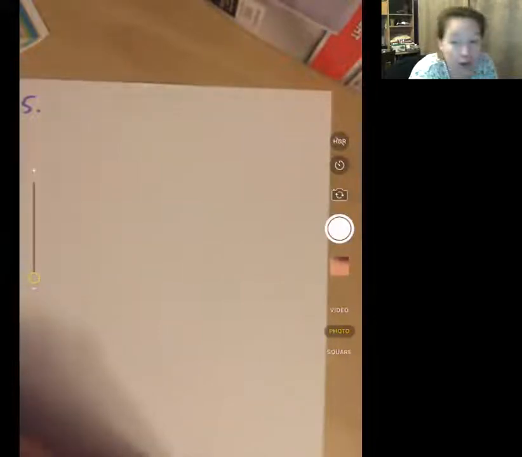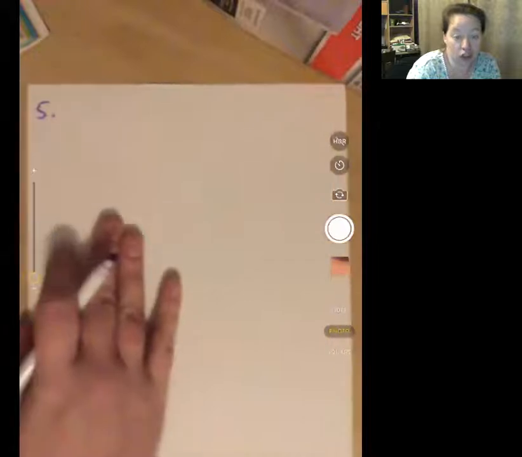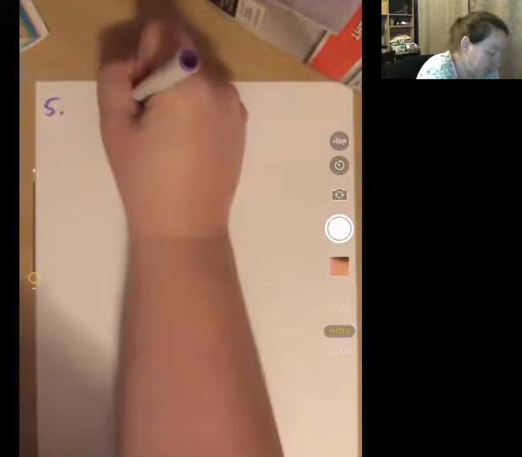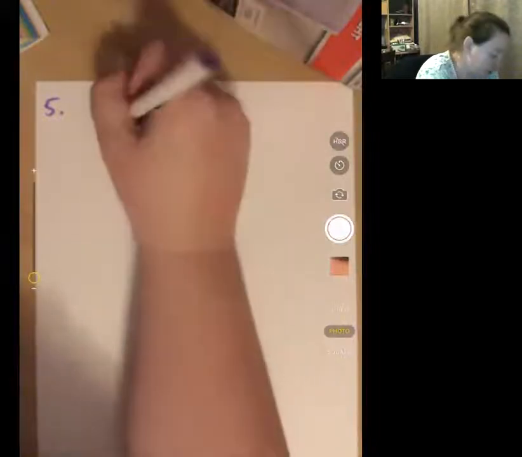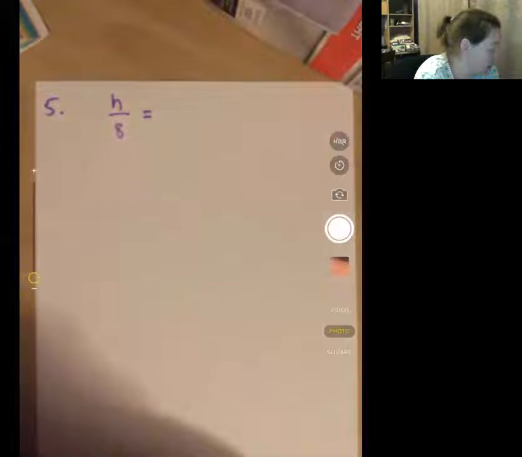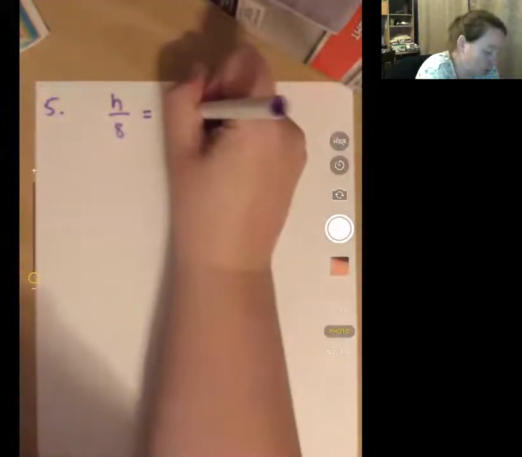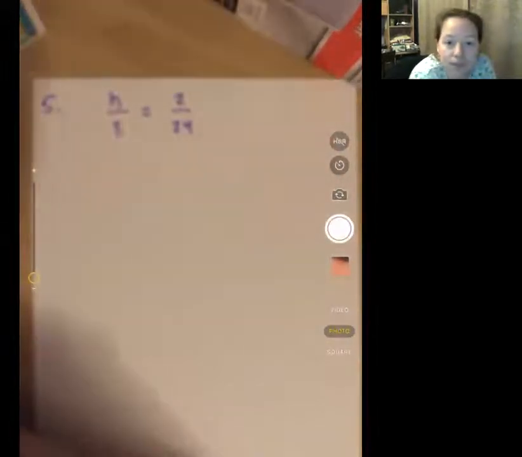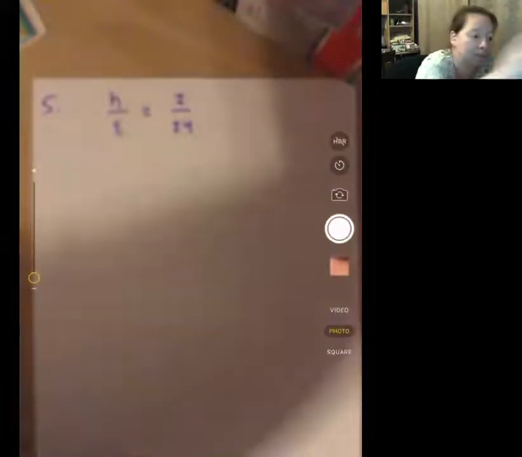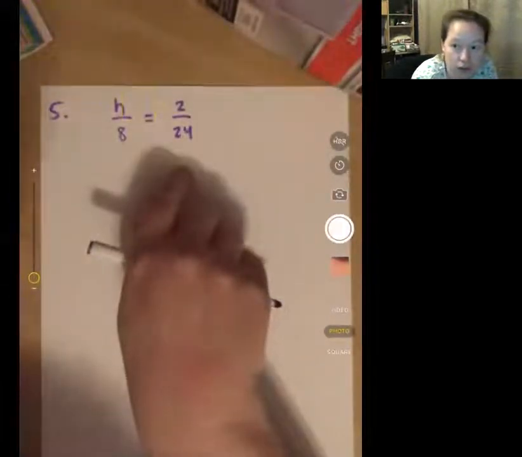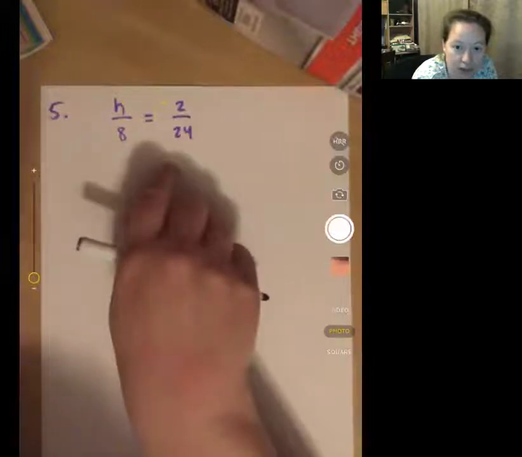So, I am going to do the shorter one, the height, over the base is equal to the longer one, the height, over the base. Okay? So this is the short triangle. This is the long triangle. Height over base, height over base.